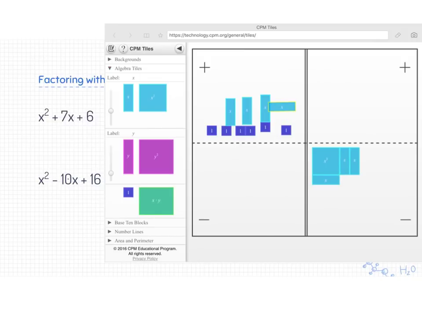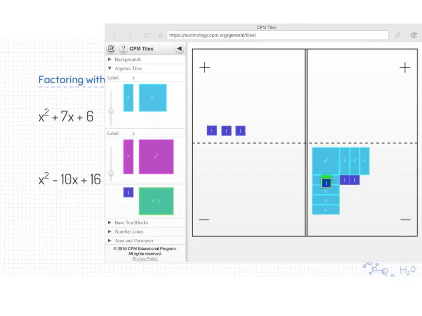Just for argument's sake, we'll set them like that, and if we've done this right, all of these should nicely fit to make a nice square or rectangle, but this one does not, which means the way we've arranged this is incorrect, so we can try some different ways.